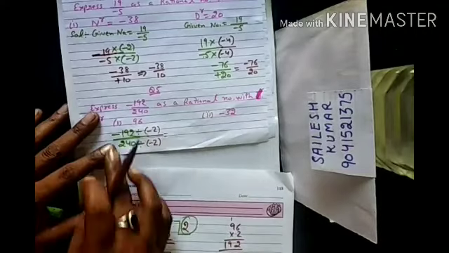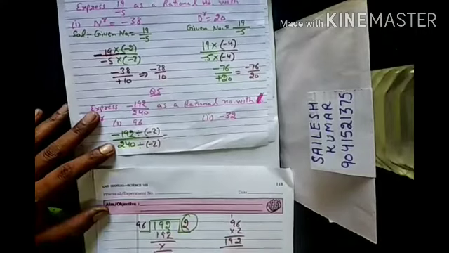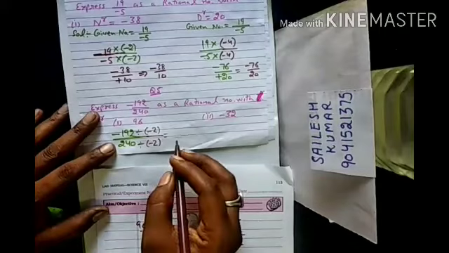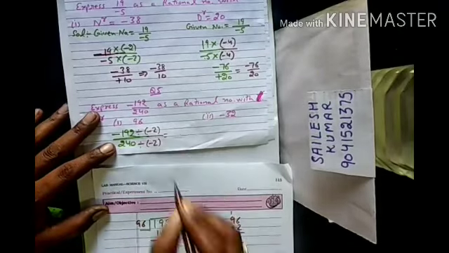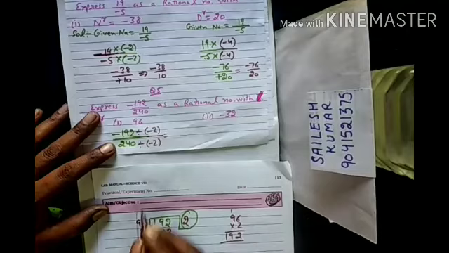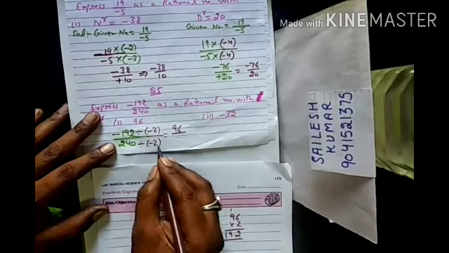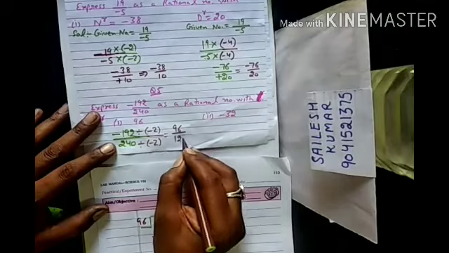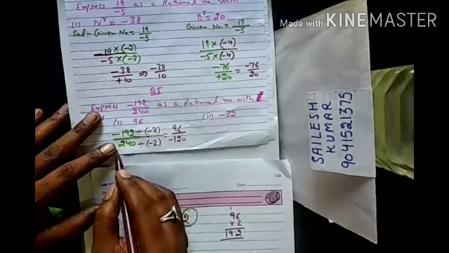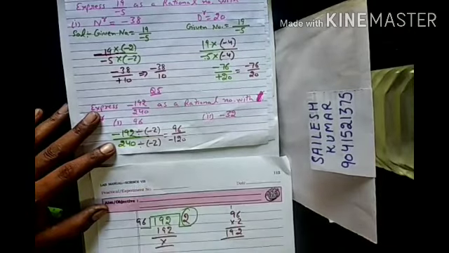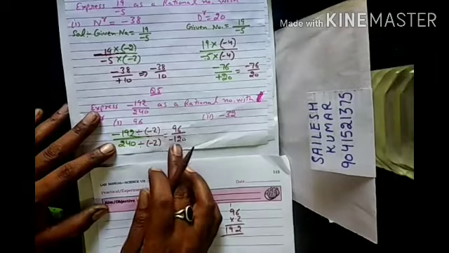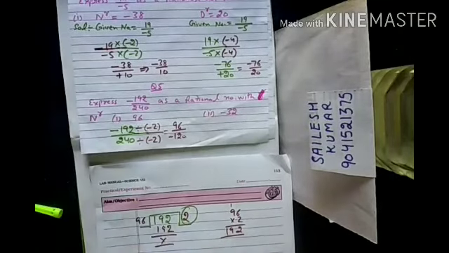Now when negative and negative are divided, the answer is in positive terms. 192 divided by 2 is 96, and 240 divided by 2 is 120. Because one negative symbol is there, therefore in the answer the negative symbol will be in the denominator.